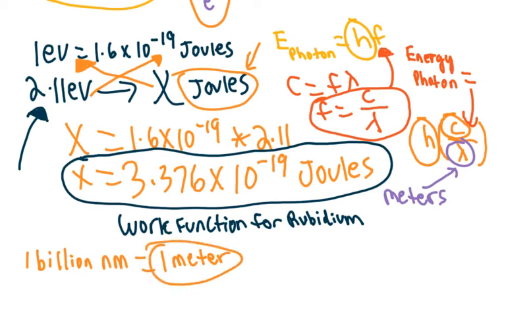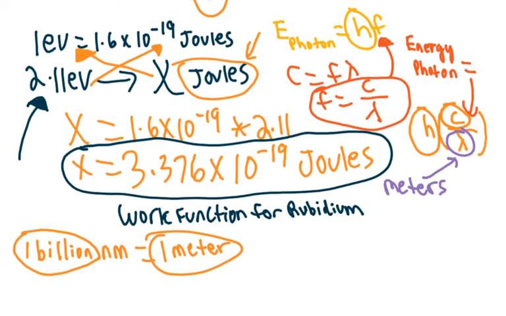So how many meters are in 600 nanometers? Well, remember 1 billion nanometers means we have 9 zeros. So that means 600 nanometers, the wavelength of our photon in this problem, is going to be equal to 600 times 10 to the negative 9th meters.